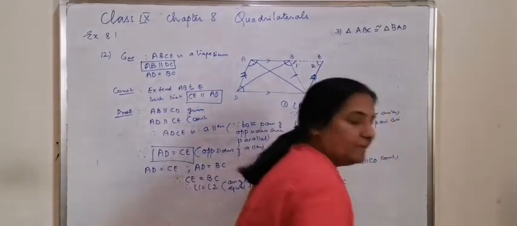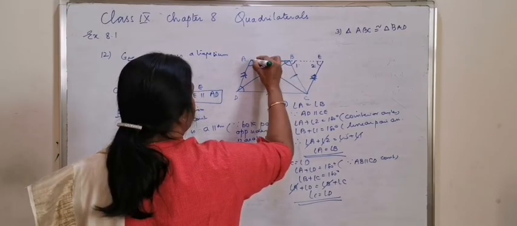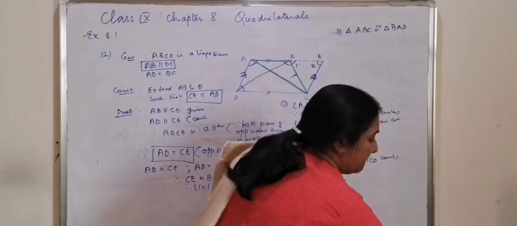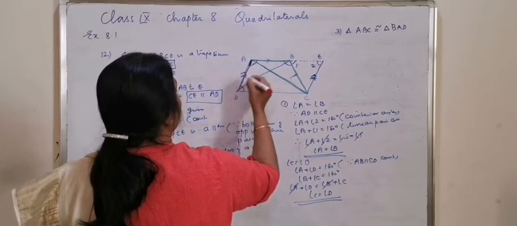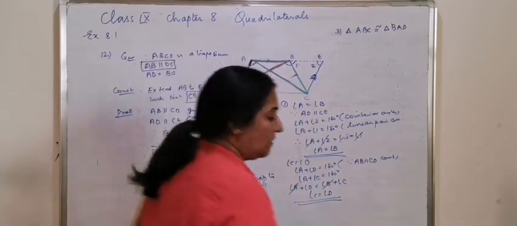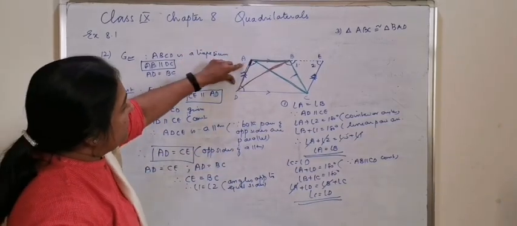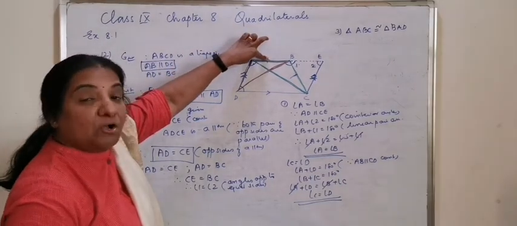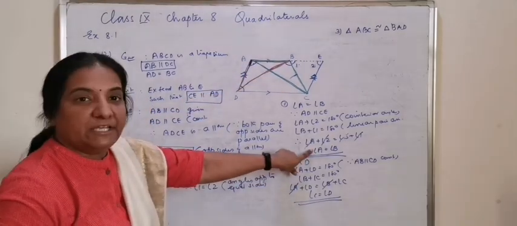Let's color it to make it more visible. All these given conditions you can use to prove it: AD is equal to BC is already given, AB is equal to AB common, and angle A and angle B we already proved.